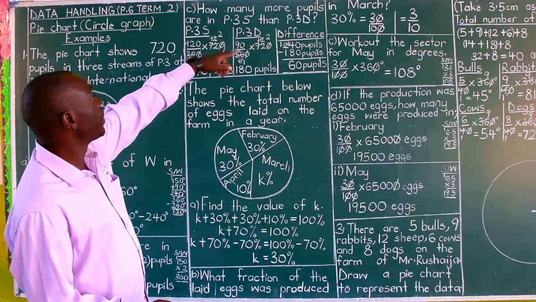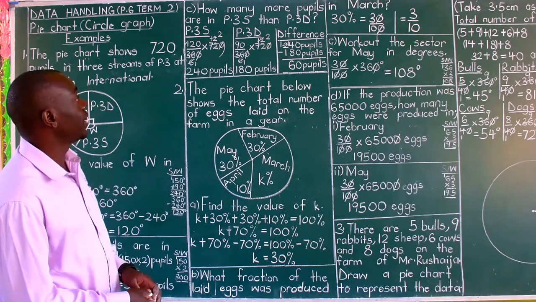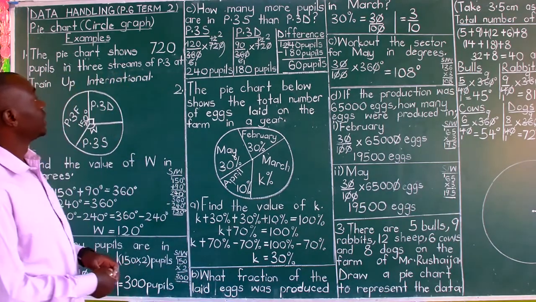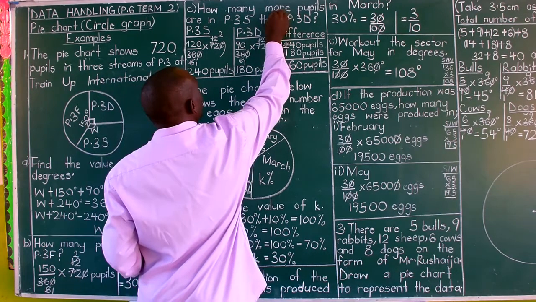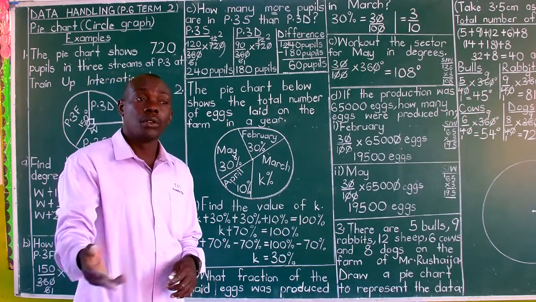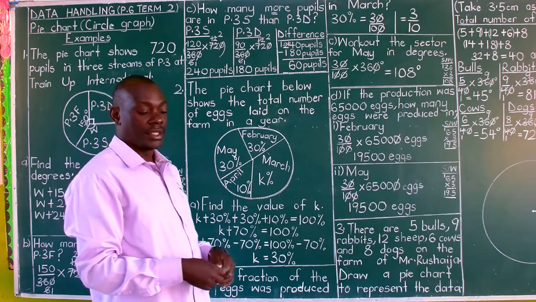That's P3S than P3D. Now, whenever you hear how many more, the element of subtraction must come in. How many more oranges did Betty get than Richard?